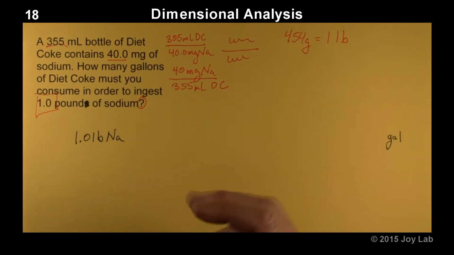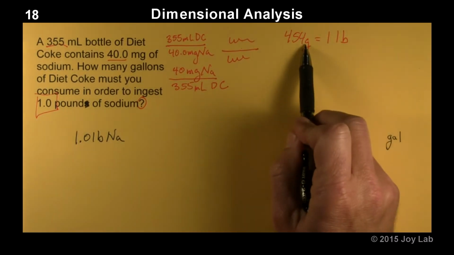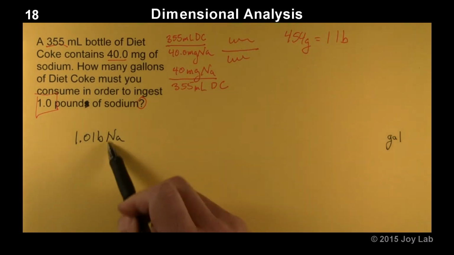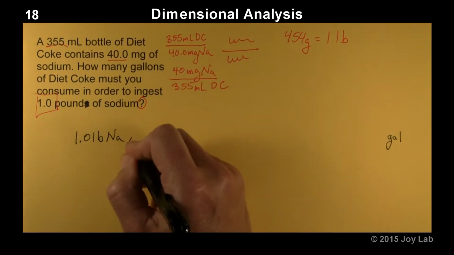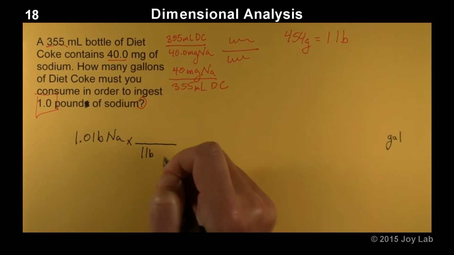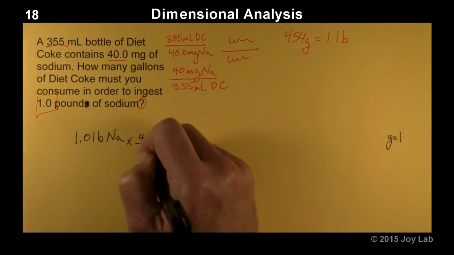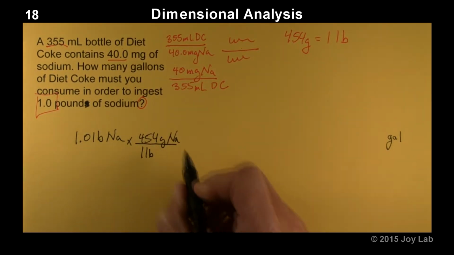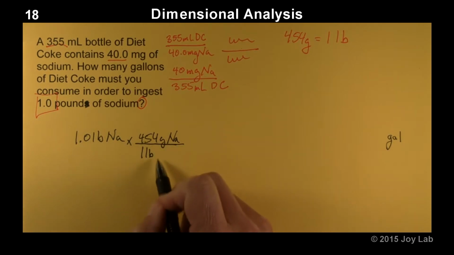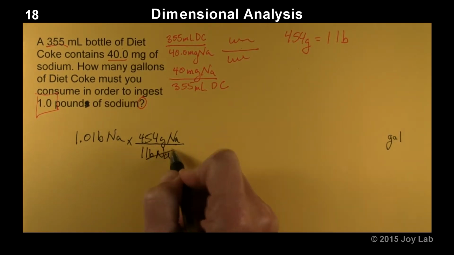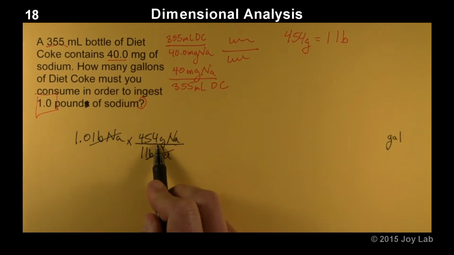Since grams is metric and milligrams is metric, I'm going to use this to get out of pounds and into grams. So I can say, okay, 1 pound of sodium is 454 grams of sodium. So now I've made the transition into metric units. So I'm going to go ahead and cancel there. We got grams of sodium.